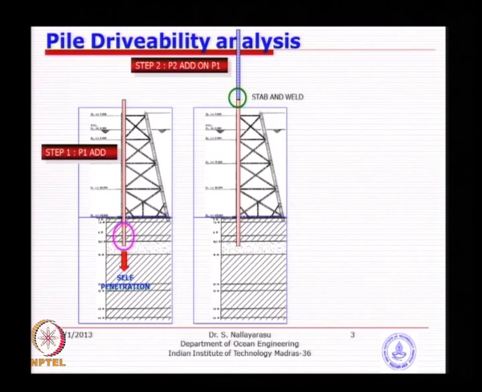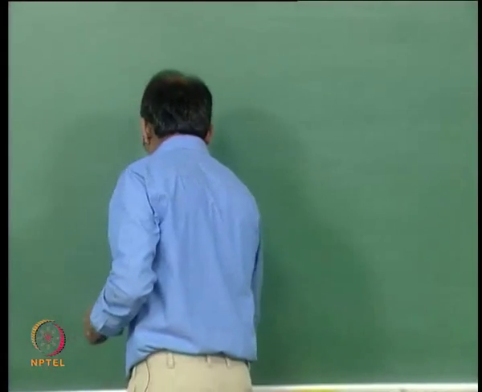So, the stabbing and welding. How is it done? You can imagine the pile is about 30 meters high. This is the second piece that we have brought in. How do we hold it together? Normally we use a terminology called bearing cage.